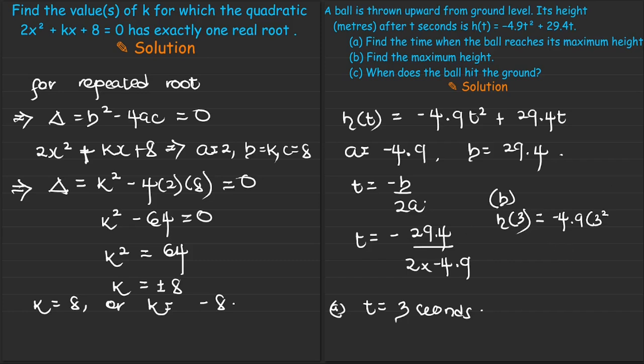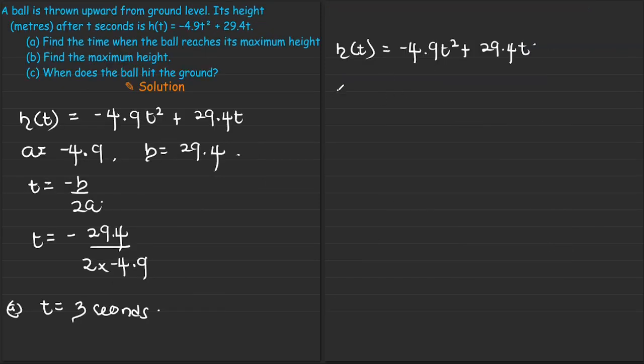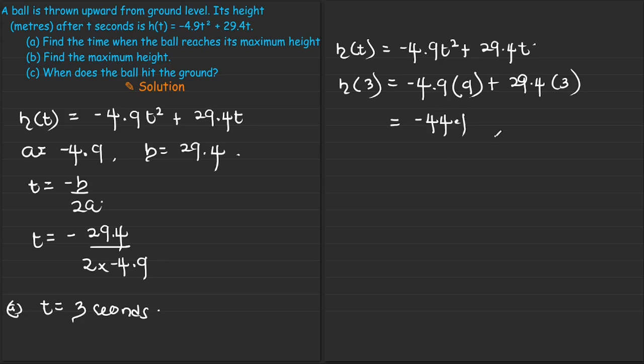Since it's not going here, let's just go to the next page. So doing our substitution, h of t, where t is 3, is going to be equal to negative 4.9 times 3 squared. 3 squared is simply 9, so let's put that there. Then plus 29.4 times 3. We are now to evaluate all of this. We have negative 4.9 times 9, which gives us negative 44.1.